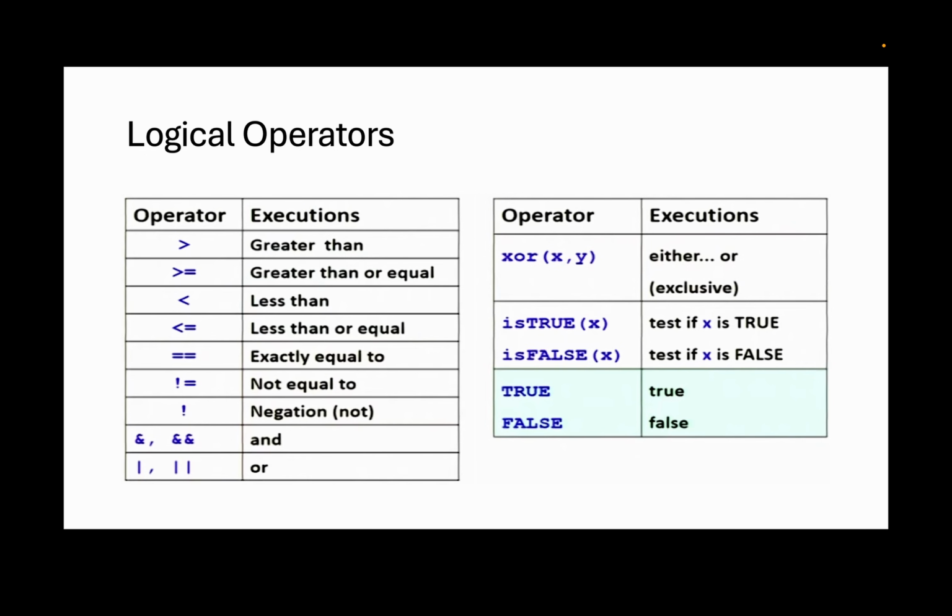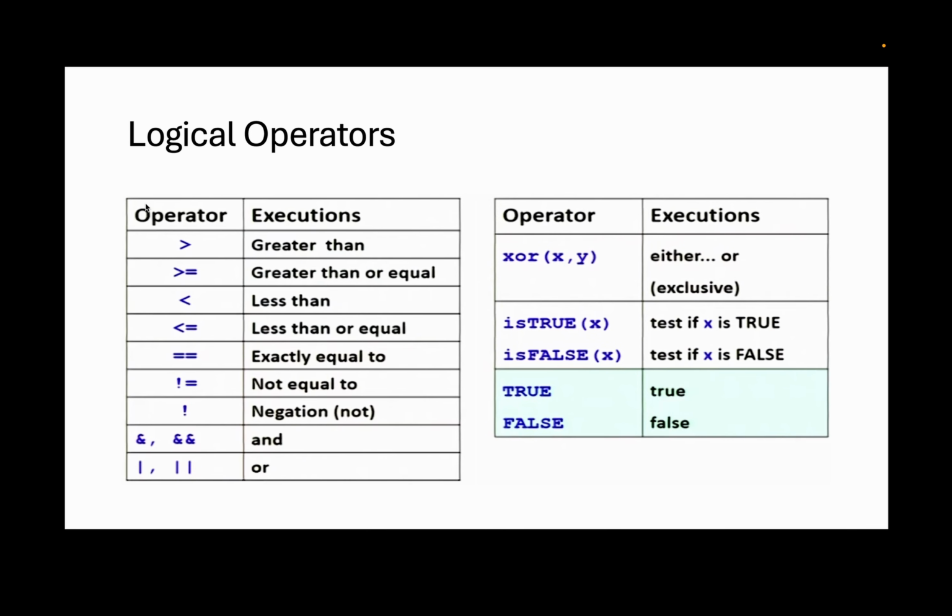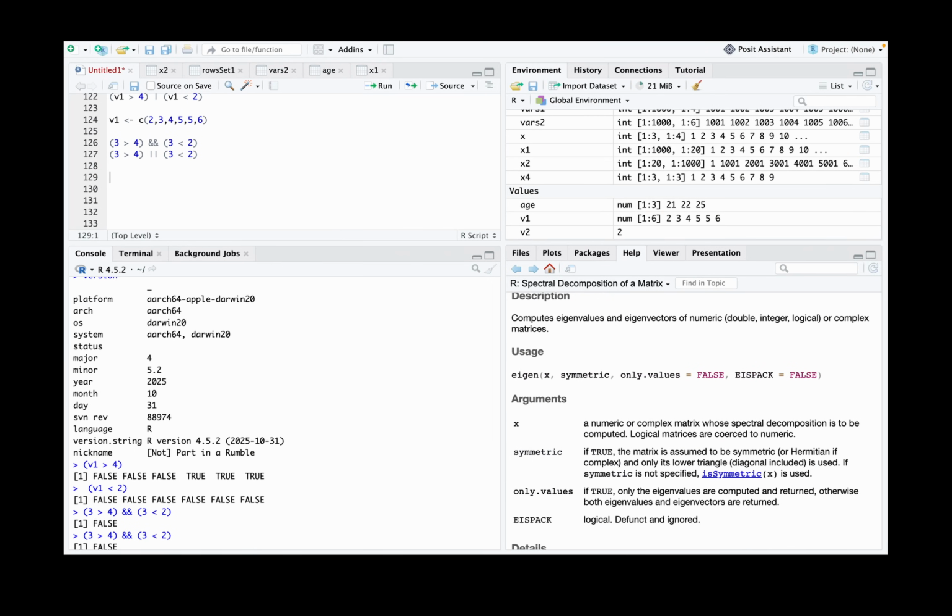Now there are a few more operators, like XOR, isTRUE, isFALSE. We'll look into how they actually work. Here you compare again true or false. For example, XOR. In brackets you can provide two sets of values.